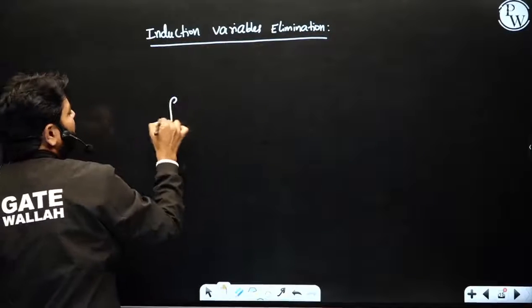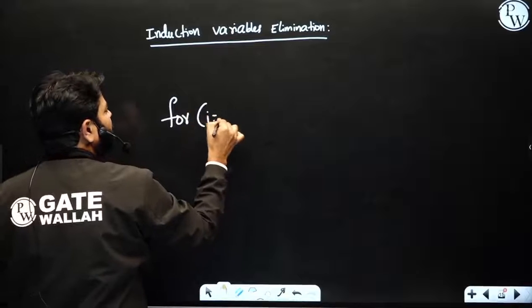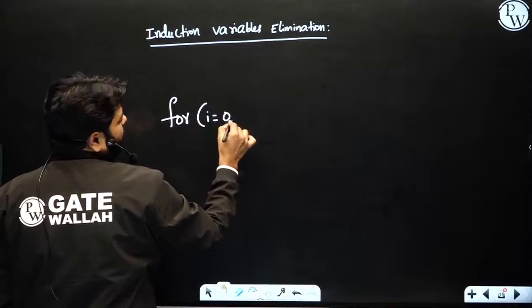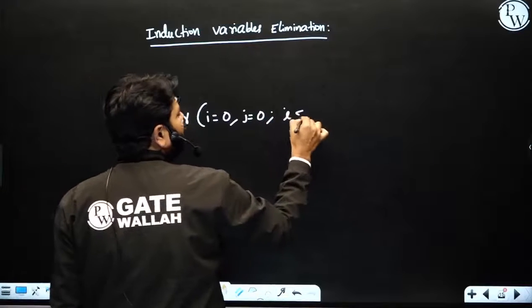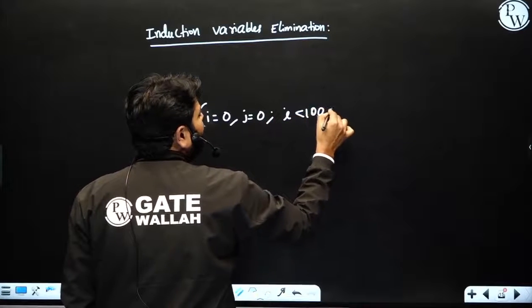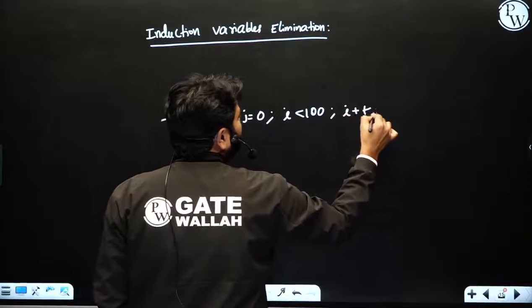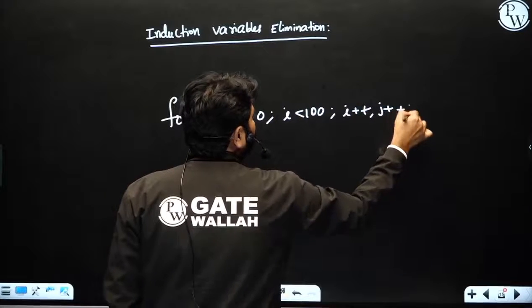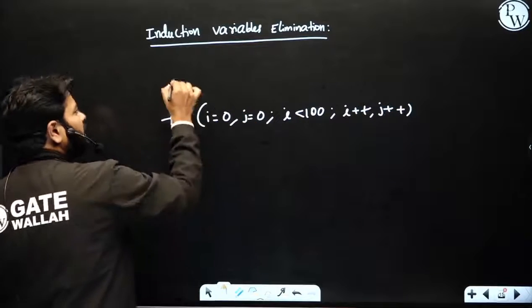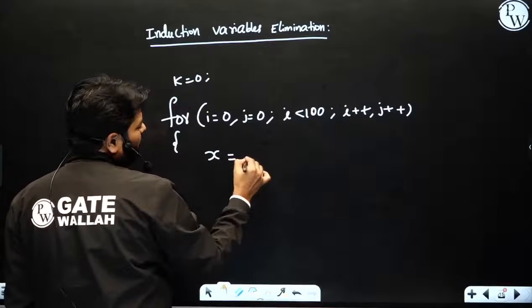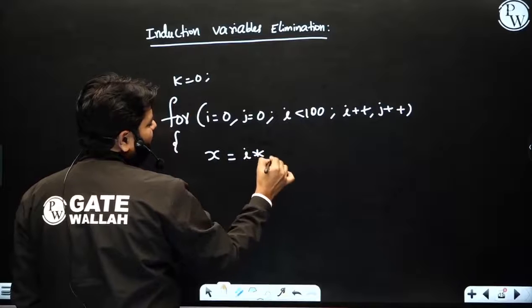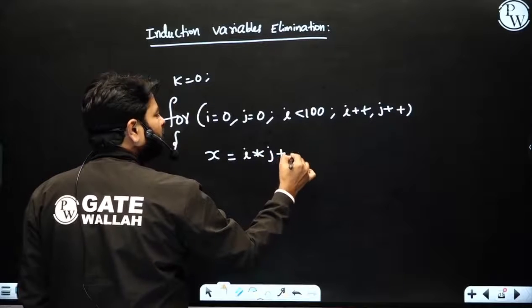Okay, example: for i is equal to 0, let's say j is equal to 0 and i less than 100, and i increment, j decrement, and you are starting, let's say, k is equal to 0, and you want to do something like x is equal to i multiplied by j plus y.